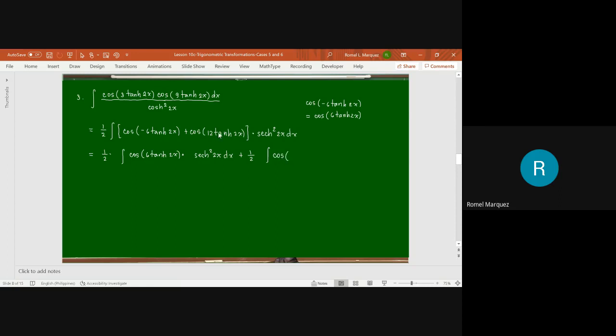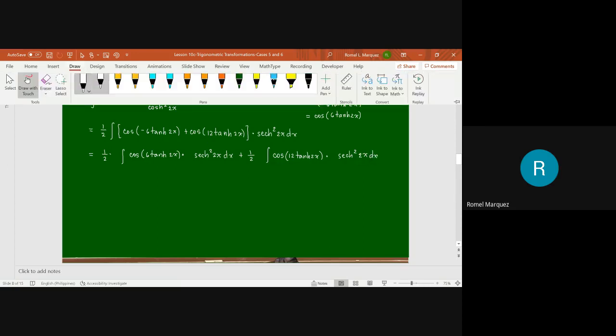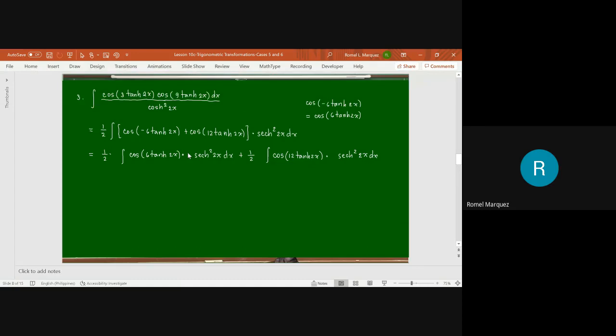Cosine of 12 hyperbolic tangent of 2x times hyperbolic secant squared 2x dx. What am I going to put here? Put 6 times 2, so getting 12. What's the derivative of hyperbolic tangent?